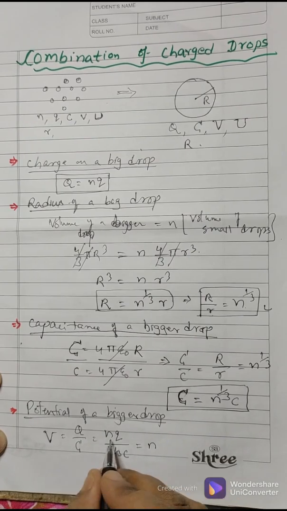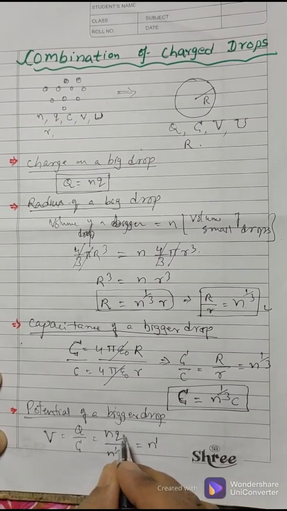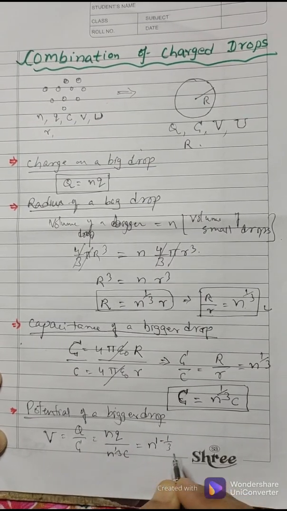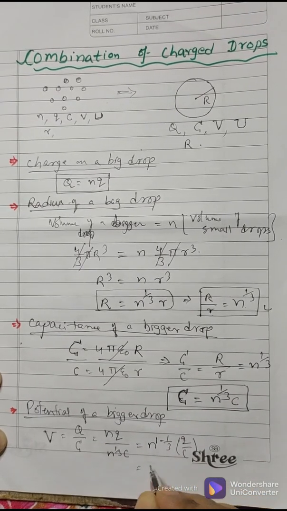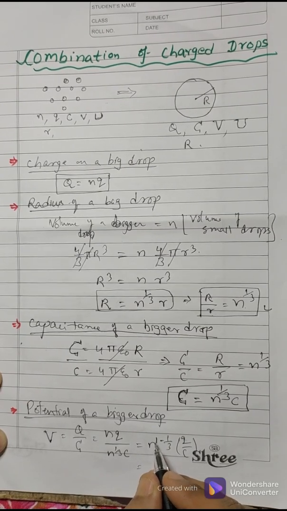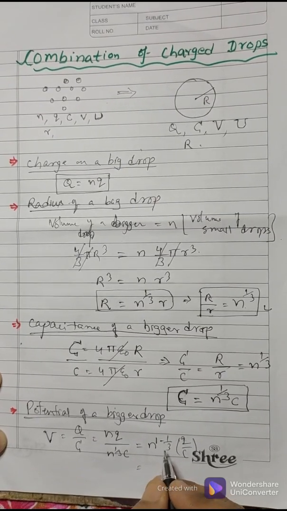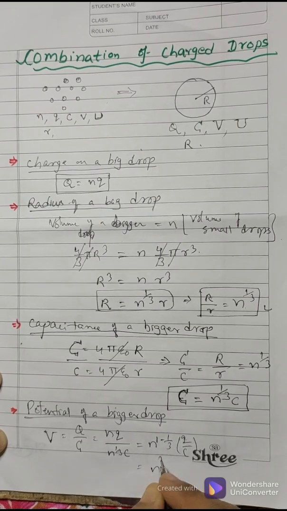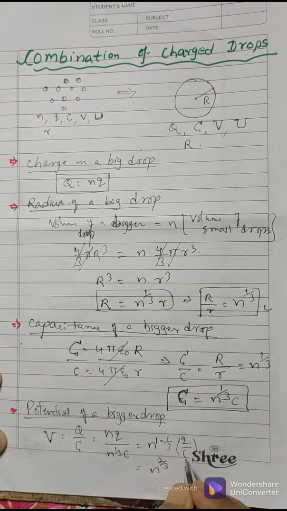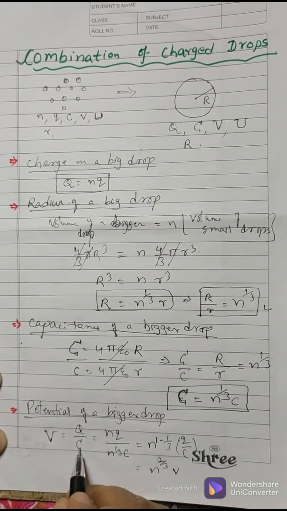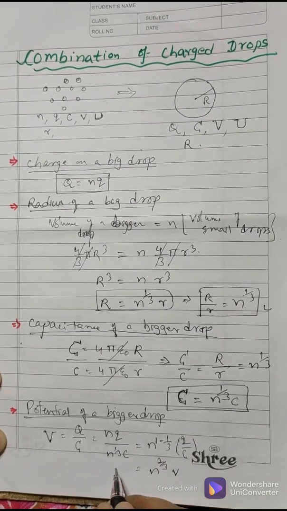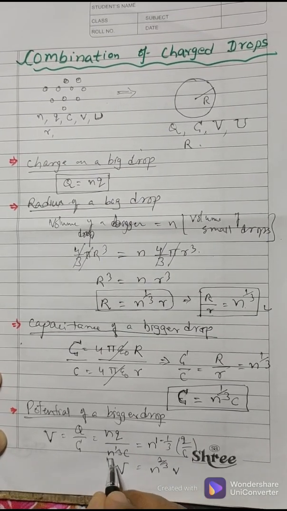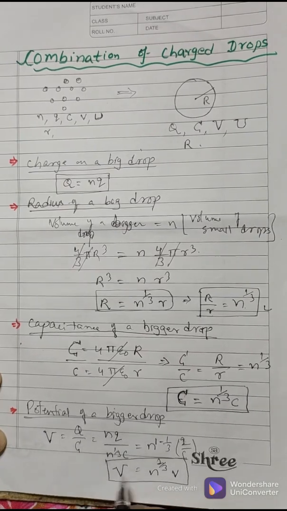Therefore it will become n power 1 minus 1 by 3 into q by c, which is n power 2 by 3 into Q by C. Here capital Q by capital C is capital V, and similarly small q by small c will become small v. Therefore capital V is equals to n power 2 by 3 into small v.